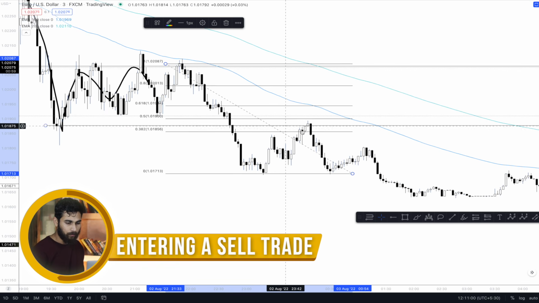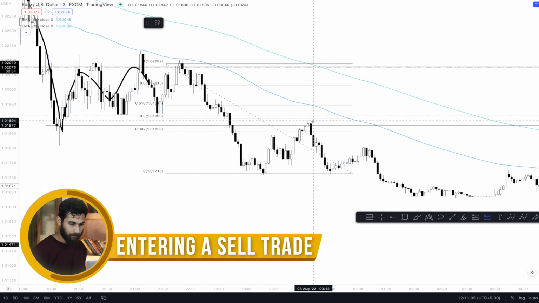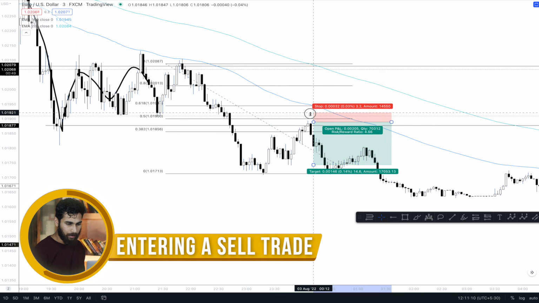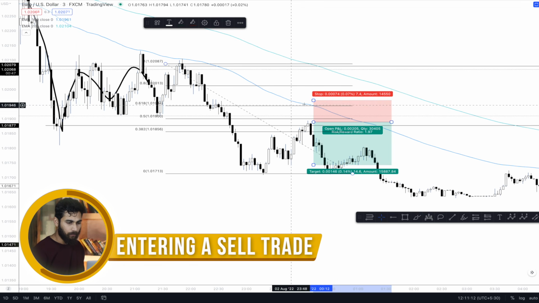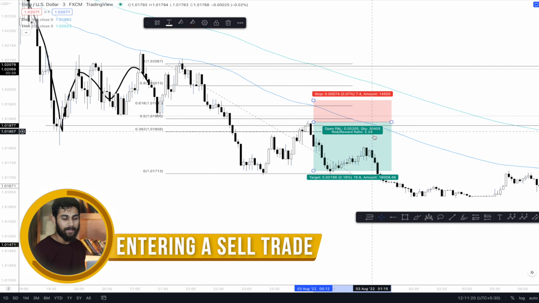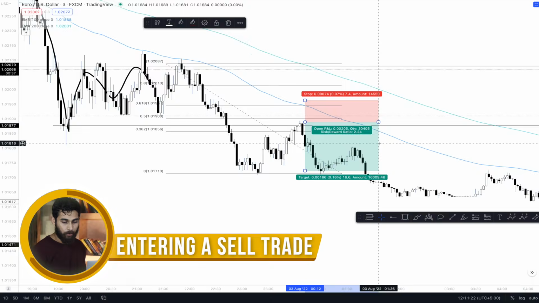Then you can see how the price moved till this level. What we will do is enter a short position at this point, that is at the resistance. A stop loss will be a few pips above the 0.618 level. And then a take profit will be a few pips above this. We are again getting a risk to reward ratio of 2.24.